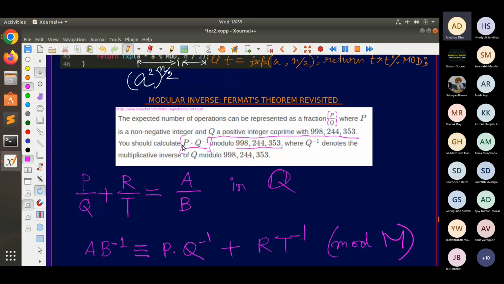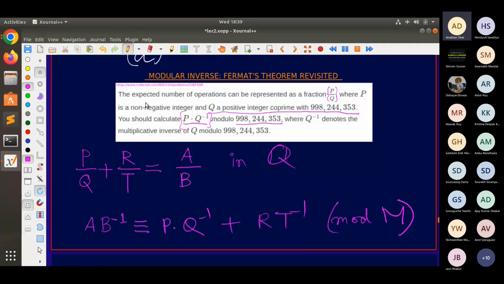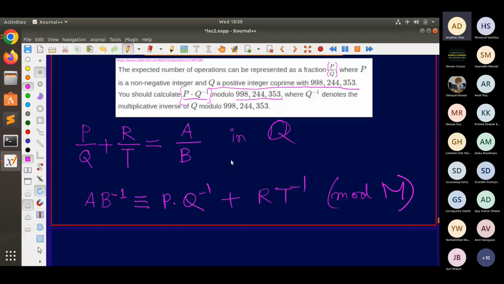So the point is that you can even handle non-integral values using p and q, using modular inversion.